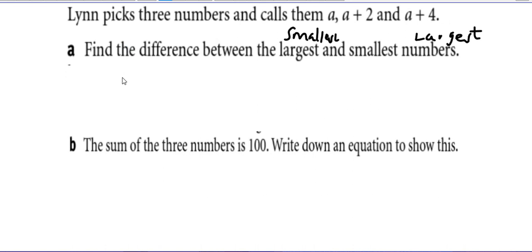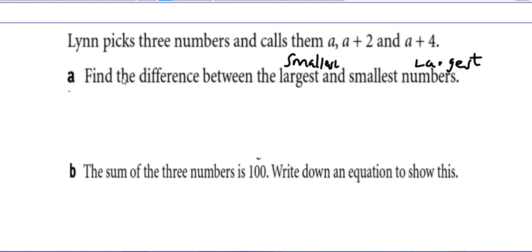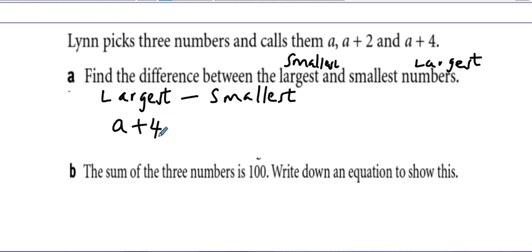Now let us see the questions. Find the difference between the largest and the smallest numbers. The difference between largest and smallest, that means take the largest minus the smallest. The largest here is A plus 4 and the smallest is A. So when you subtract these, you collect like terms.